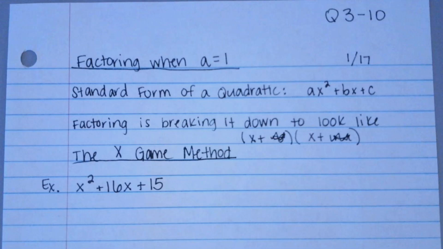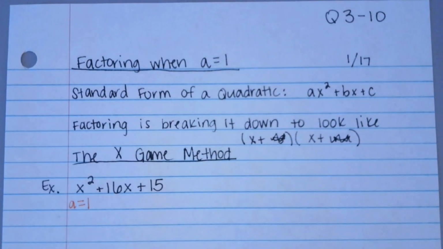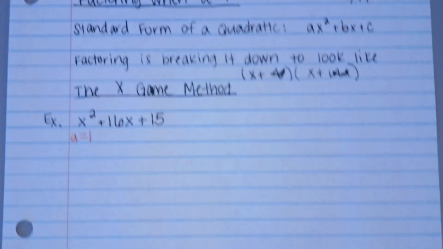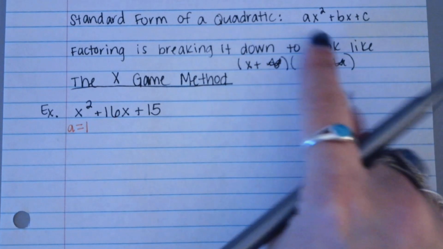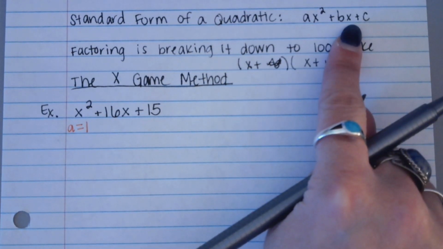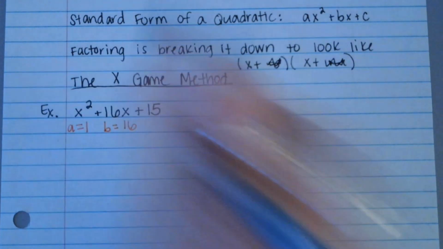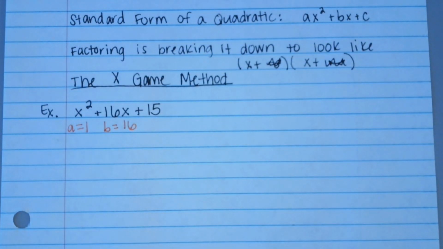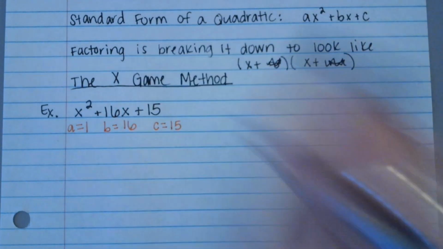So this is in the form ax squared plus bx plus c, where my a value is 1 because the coefficient of the leading term is 1. B is the coefficient of your x. So my b value is 16. And then c is your constant. So my c value is 15.